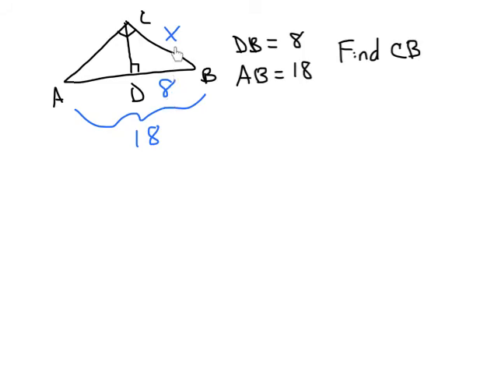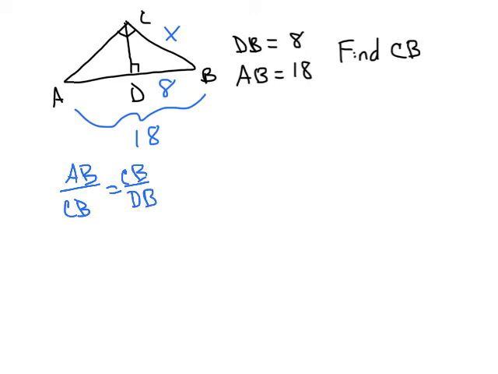So the leg is the mean proportional. If we're going to do that, in letters first, it's hypotenuse over leg is equal to leg over hypotenuse segment DB, or projection. Hypotenuse, leg, leg, projection.